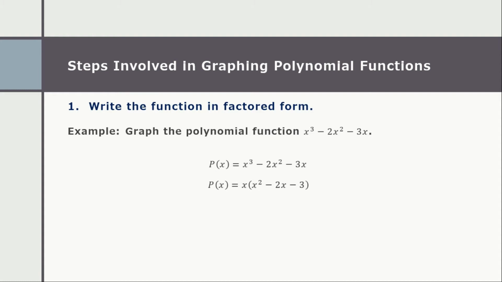And the factored form of x raised to 2 minus 2x minus 3 is x minus 3 multiplied to x plus 1. And the factored form of the given polynomial function is p of x, which is equal to x multiplied to x minus 3 multiplied to x plus 1.